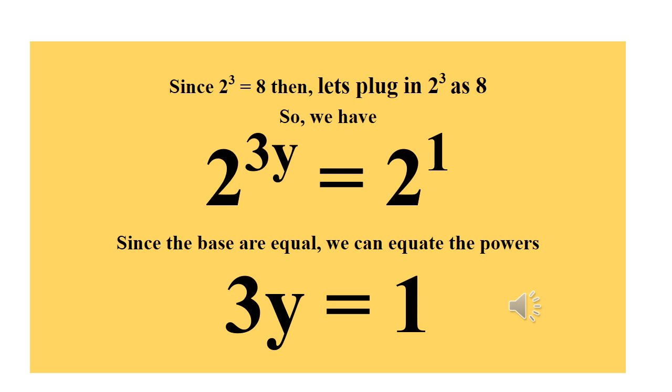So we have 2 raised to power 3y equals 2 raised to power 1. 2 raised to power 1 is the same thing as 2, so we are just putting the power 1 there. Now, since we have the bases equal, 2 and 2, we can cancel out the base and then equate the powers. So we now have 3y equals 1.